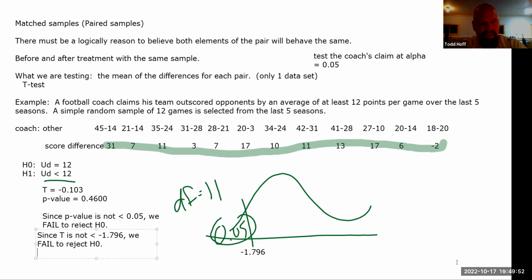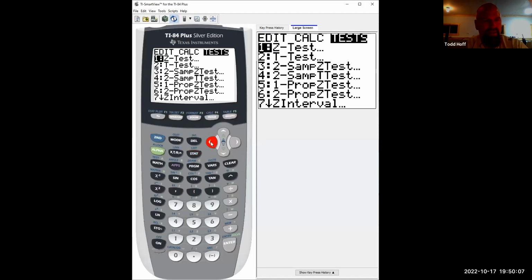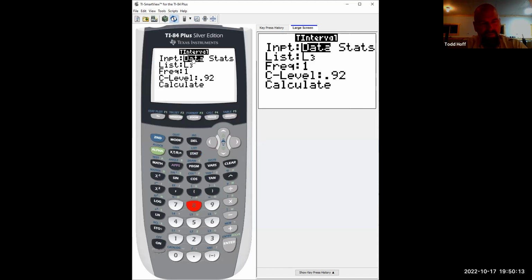Okay, so our last step. Now, for each of these, we could create a confidence interval. The confidence interval is just going to be right off the calculator. For this data set, it would be stat, test, and it would be just option 8, a t interval. And we would use the data setting with whatever confidence level.